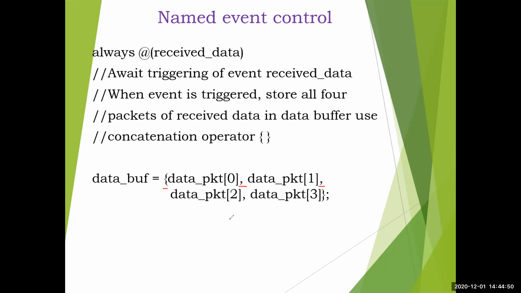See here, this is 1 MB of data, this is another 1 MB, another 1 MB, and another 1 MB. So the total 4 MB of video is now stored in data buffer. This is how things normally happen, because whatever you use, mobile, laptop, everything is also digital circuits, so you can analyze it very easily. Fine, so this is about the second one, named event control.